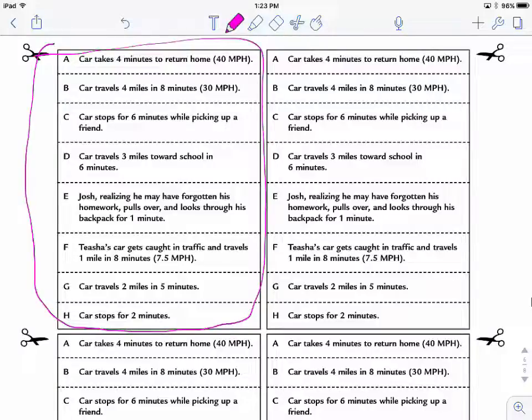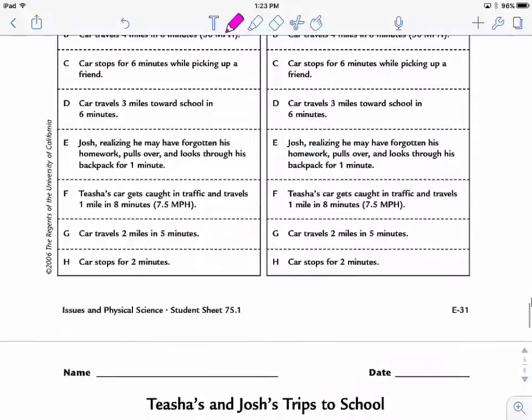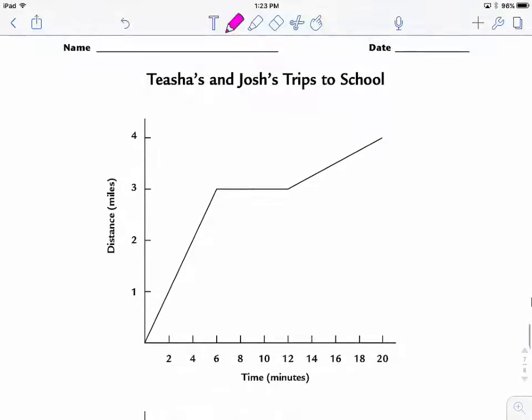Okay, so let's take a look at the graph. If you look at the graph, what is on the y-axis? Jaden? Distance in miles.